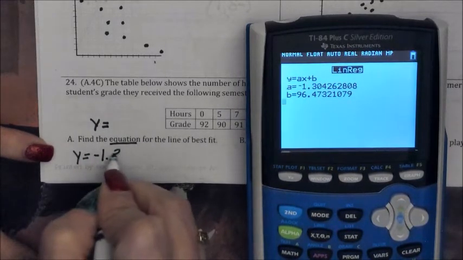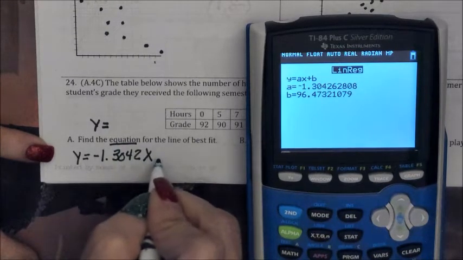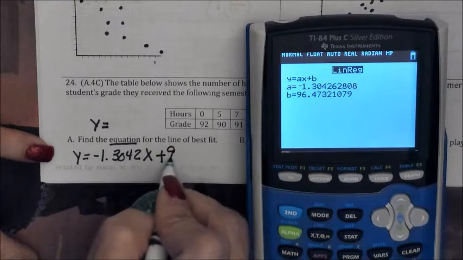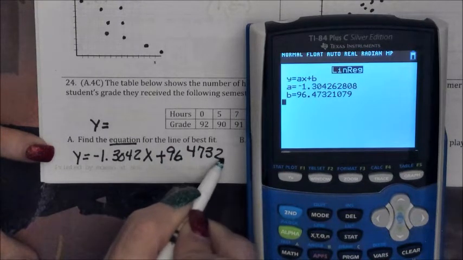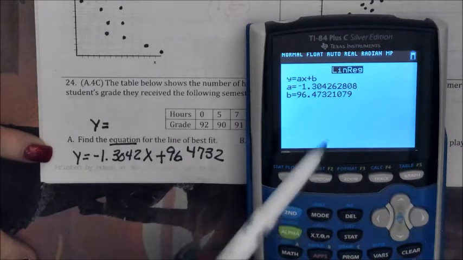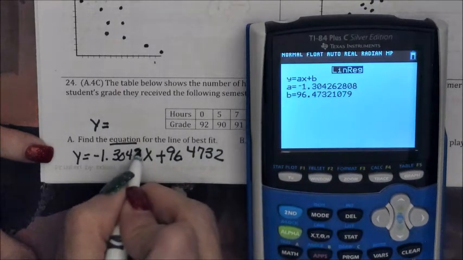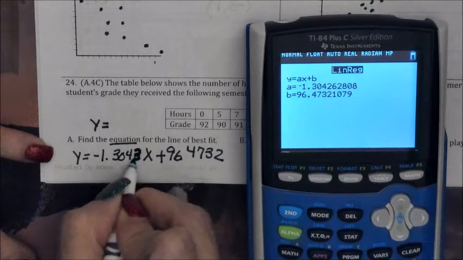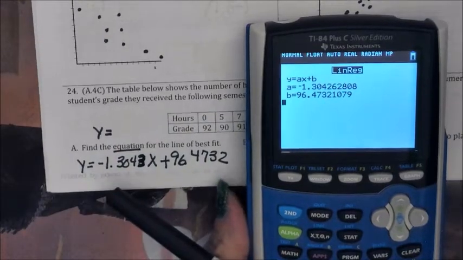Always go out 4. Now, this 2 right here, I could have put a 3. I could have rounded up because that 6 right there would round up. If you'd rather me put a 3 right there, some of you may be like, no, it's supposed to be a 3. All right, there we go. There's my line of best fit.